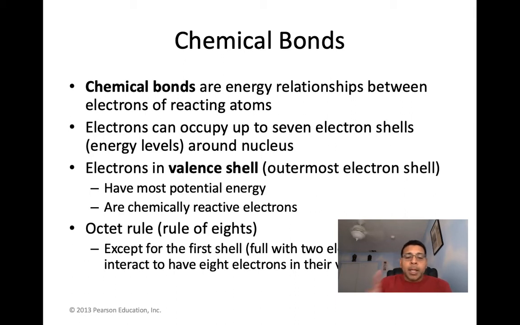Now the atoms, I told you, can have electrons in up to 7 shells, but the actual number of electron shells is going to depend on the number of electrons that atom actually has. Each electron shell is going to have one or more orbitals.